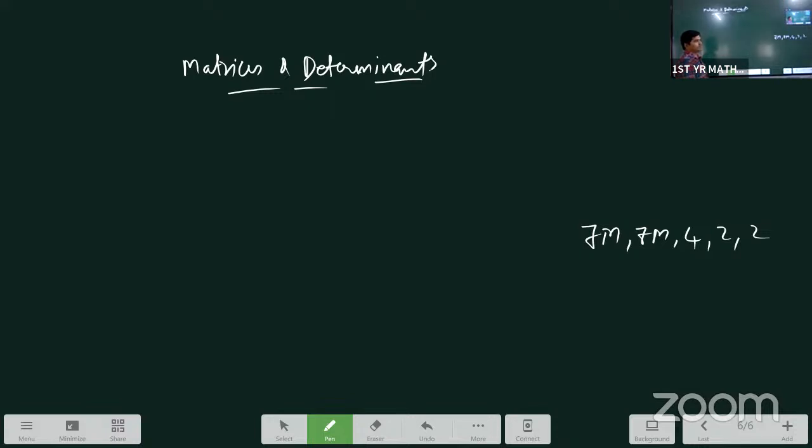First, let us start with some long answers. While teaching those long answers, there are 2 long answers: one from determinants and one from simultaneous linear equations, like Gauss-Jordan, matrix inversion, or Cramer's rule. Is it clear?